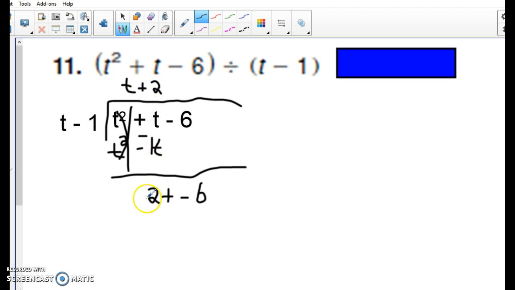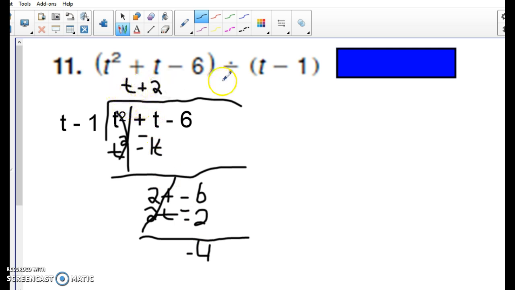I multiply this by 2. 2 times t is 2t. Negative 1 times 2 is a negative 2. Again, I subtract. 2t minus 2t is nothing. Negative 6 minus negative 2 is a negative 4. So that's kind of my remainder.